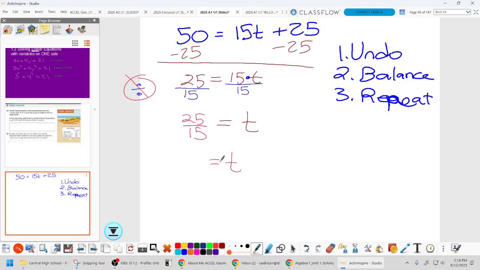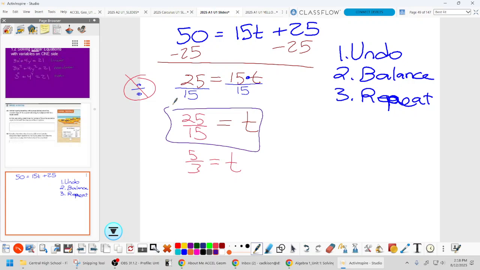You want to know something interesting? Well, before I say that, 5 goes into both of these, so this is 5/3 in lowest terms. Do you agree? Here's something interesting. If you're trained up to high school, you have to reduce, otherwise it's wrong. In AP, this answer is fine.